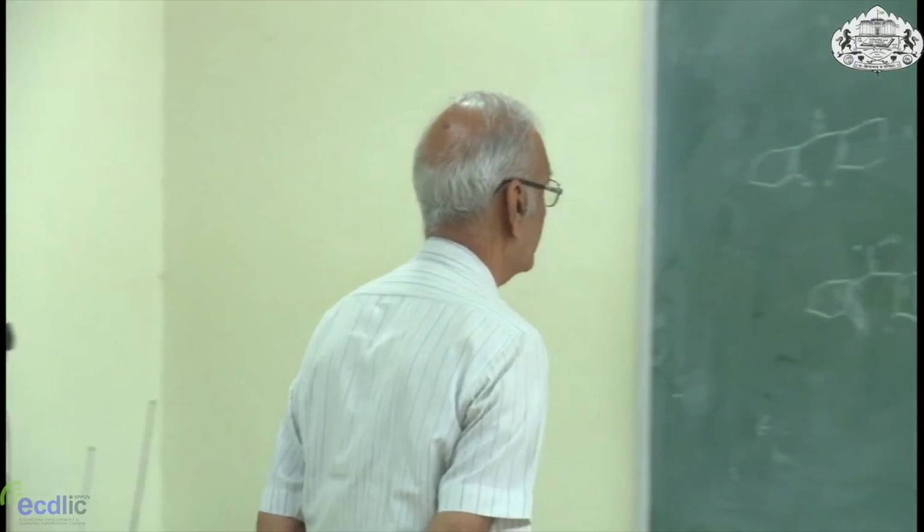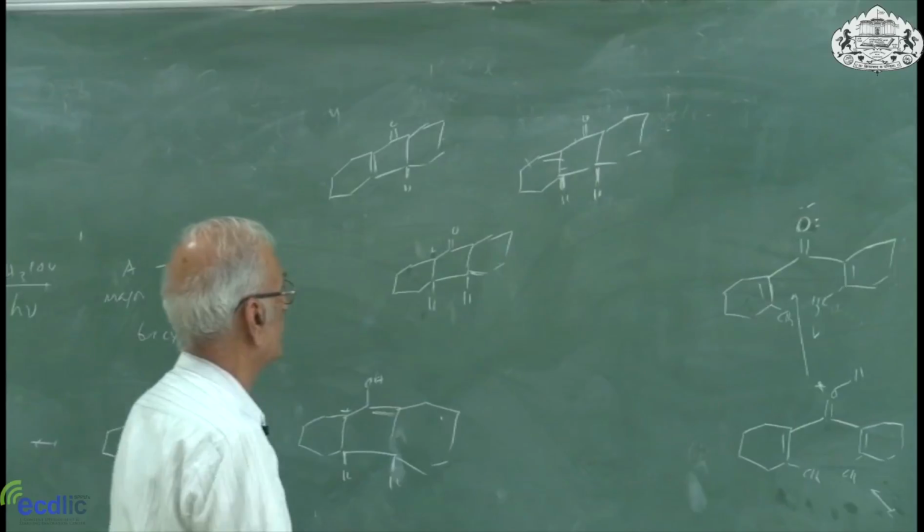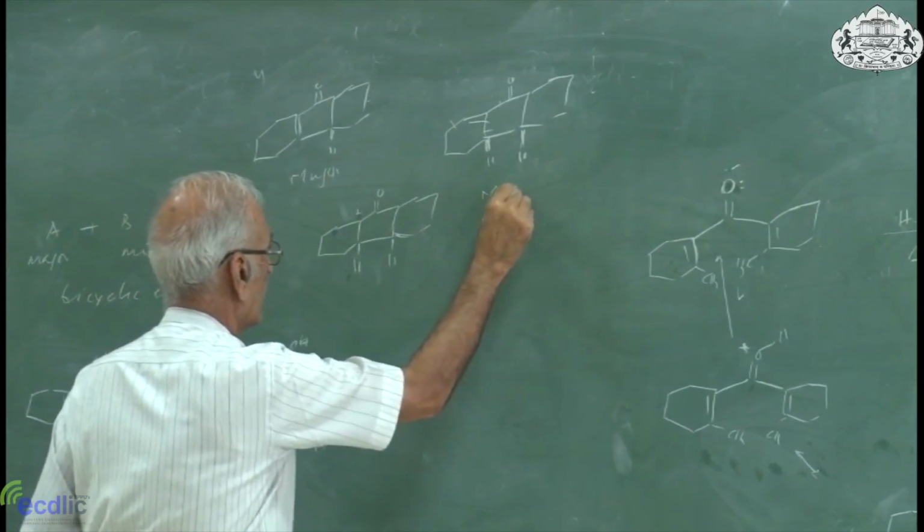Left hand side, why? It is the more substituted olefin. It is tetra substituted, whereas the right hand side has only 3 substituents, 1, 2, 3. So that is the major product, this is the minor product.